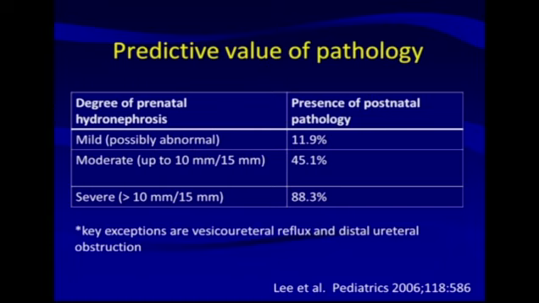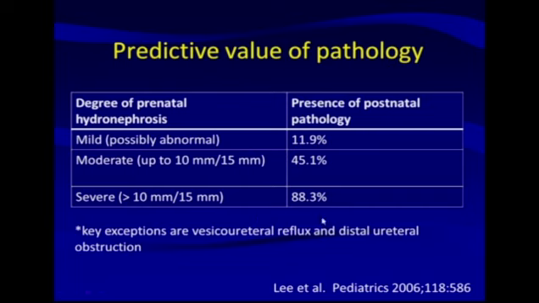Now, what do we tell parents when we see dilatation of the renal collecting system prenatally? Are they going to worry what's going to happen to the baby once the baby is born? It turns out if you look at the degree of hydronephrosis, you can break it down into mild, moderate, or severe hydronephrosis.